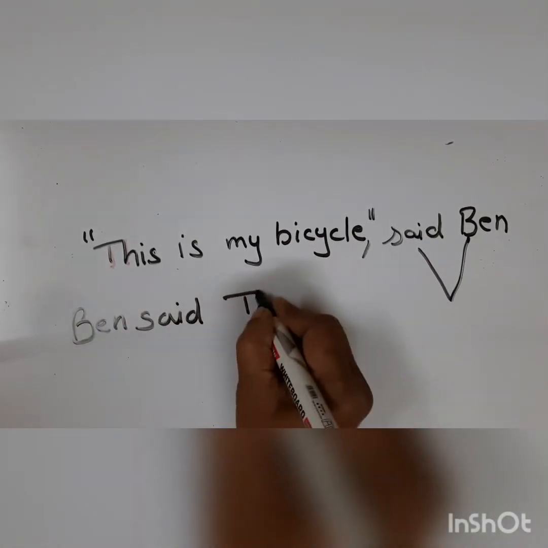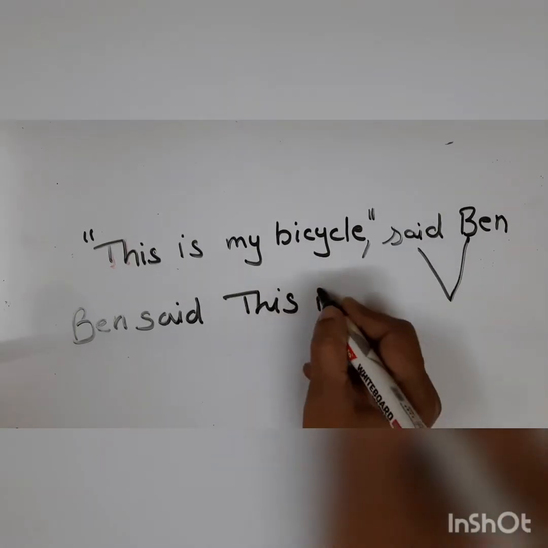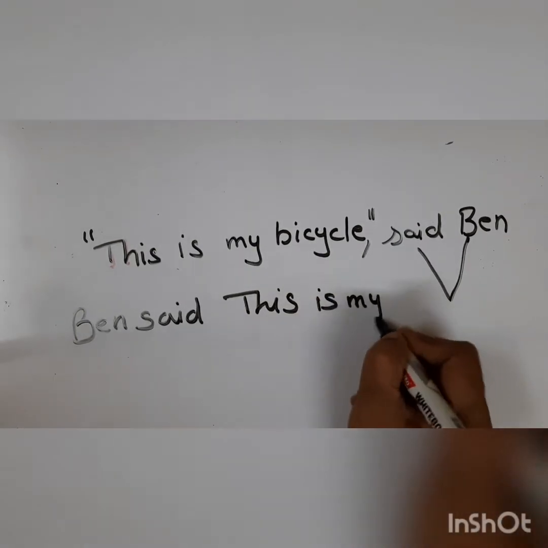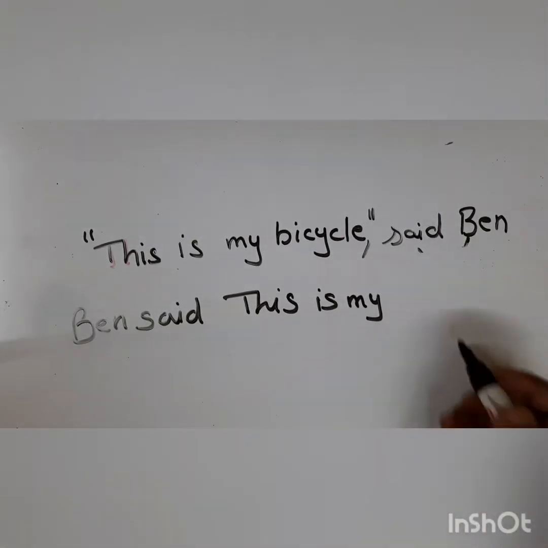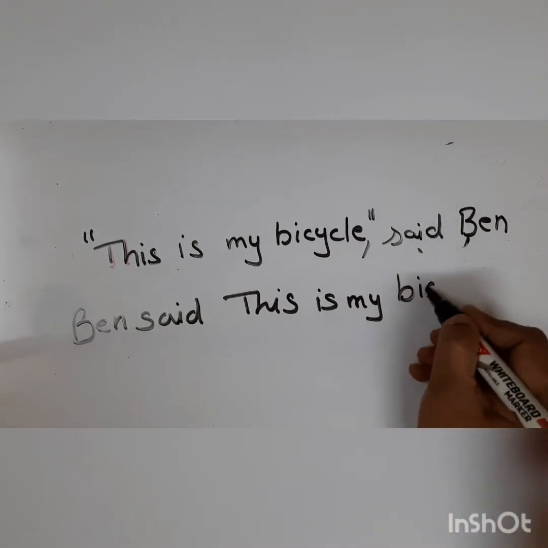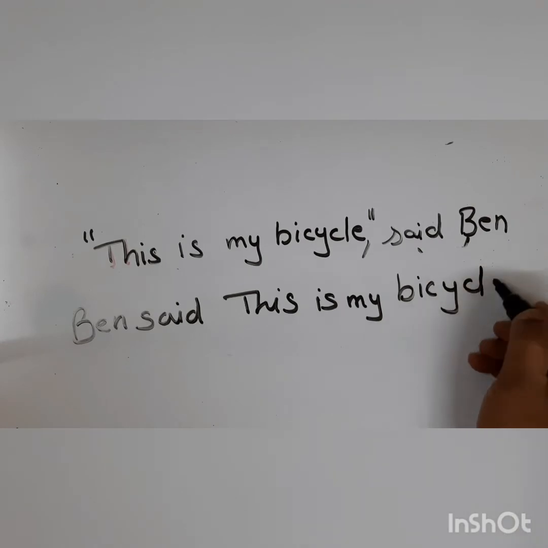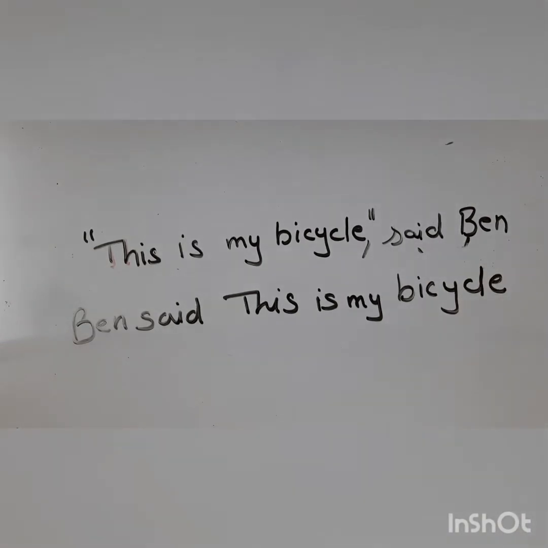Now you tell me where I should put the punctuation. This is my bicycle. The same sentence, children, as we had it in the text. So, what do these words indicate? Yes, tell me. Come on.